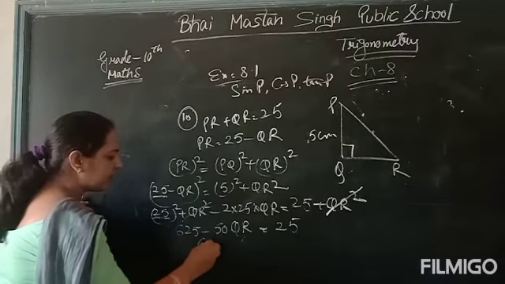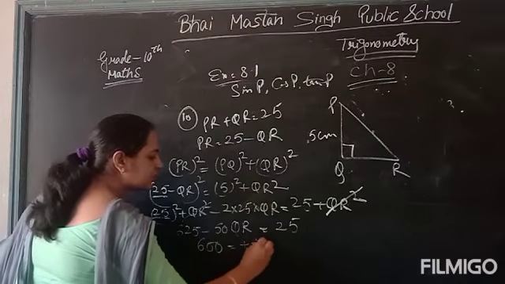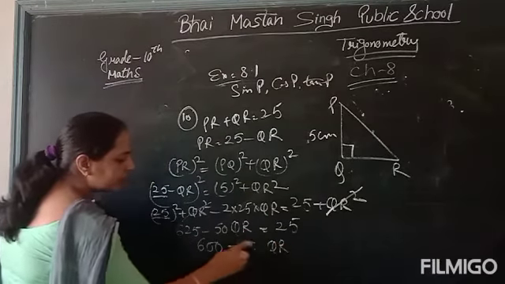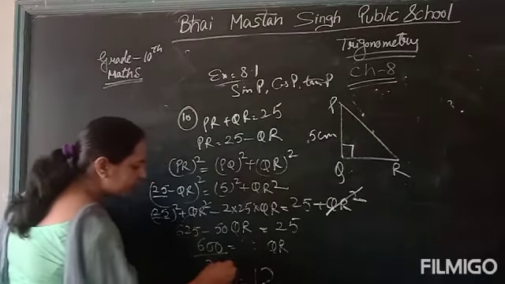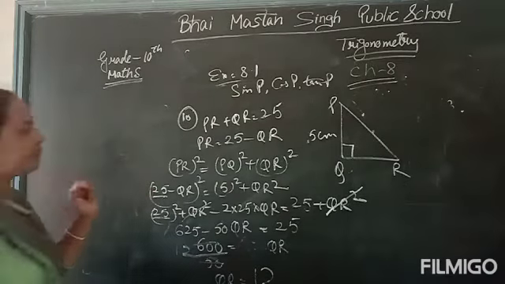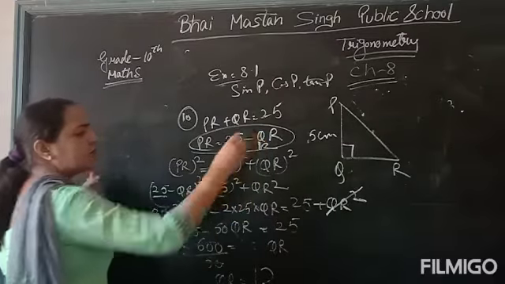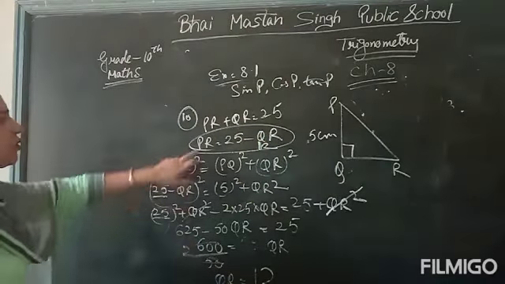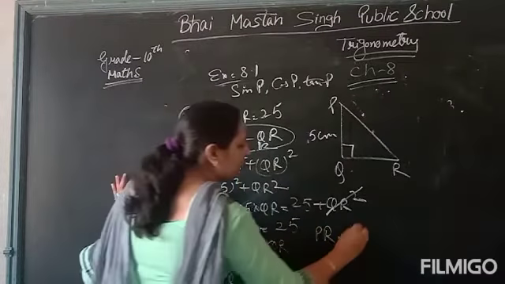So 625 minus 25 is 600. 50 QR goes on this side, it becomes positive QR. This 50 goes for division here. So QR I got 12. By cutting, I got QR 12. If QR is 12, what will be the value of PR? PR is equal to 25 minus 12, 13.